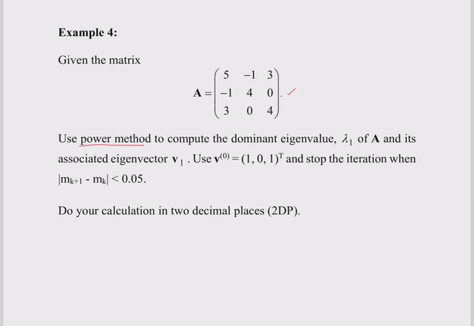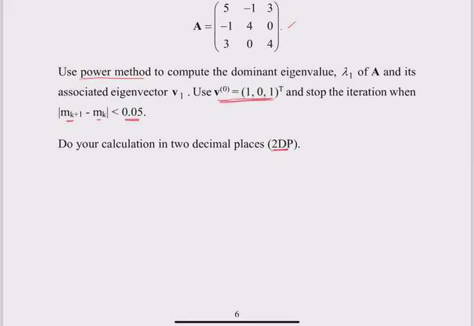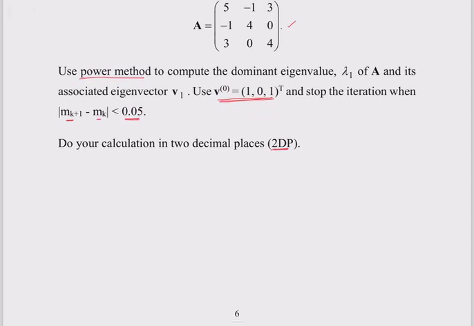And we need to use this initial eigenvector, and we must stop our iteration when the updated eigenvalue minus the previous one is less than 0.05, and we just use our calculation with 2 decimal places.